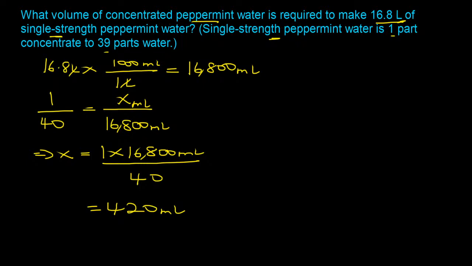Really simple, straightforward, right? But the reason it was easy at this point is because we remembered some of the information that we talked about in the beginning, that the relationship between the concentrated peppermint water and the single strength is a 40x relationship. And so that's what we did right here. We set up a proportion using that ratio.